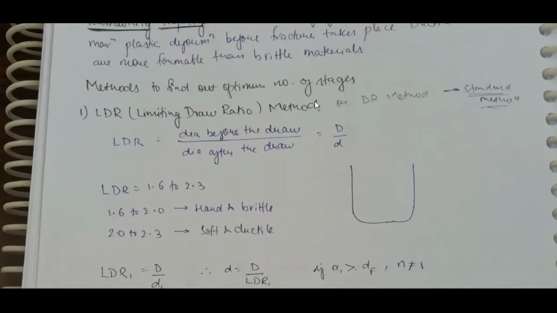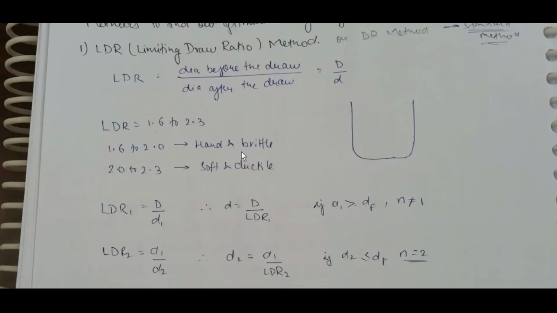Methods to find the optimum number of stages: LDR, the limiting draw ratio method, or the DRR method. Standard method: LDR is equal to diameter before draw by diameter after draw, capital D by small d. LDR is equal to 1.6 to 2.3: 1.6 to 2.0 for hard and brittle, 2.0 to 2.3 for soft and ductile.